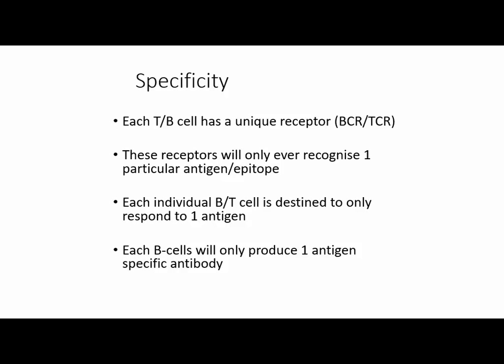Its T cell receptor is only designed to recognize one epitope. Okay? Now, you've seen this before, but this is just to highlight the principle. Every immature B cell or T cell has the exact same copy of the gene for their B cell receptor or their T cell receptor. Okay? They all start the same.